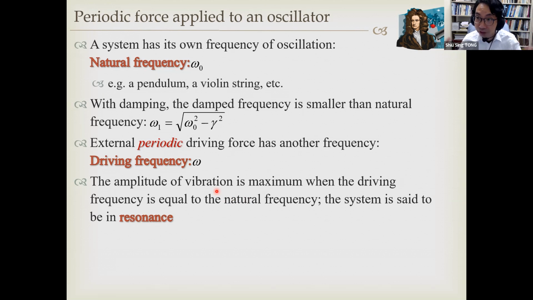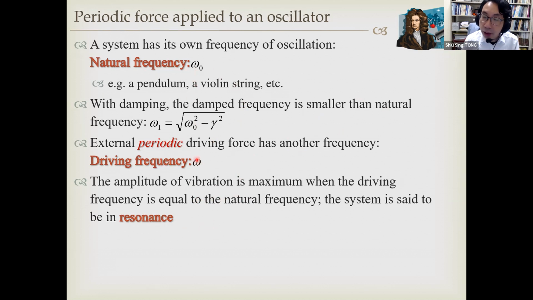The system will effectively absorb the energy from the vibrating source. And so the amplitude will go larger and larger until it reaches a very large value. That is called resonance. Resonance happens when you shake the system with a frequency omega that matches the natural frequency omega naught of the system. So that is the idea.